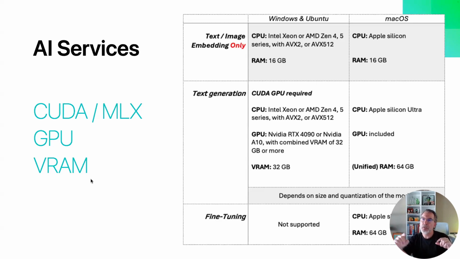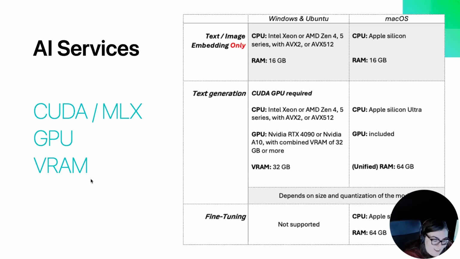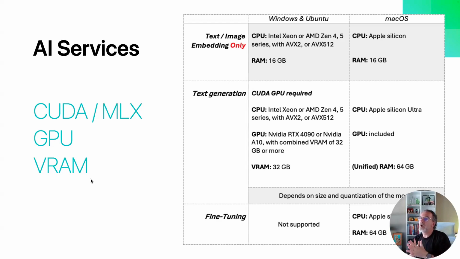And here's the kicker that drives a lot of these requirements for resources. Ideally, the whole model needs to be loaded in memory completely, right? The whole thing. If you don't, it'll work, but it's going to be very expensive swapping things in and out.